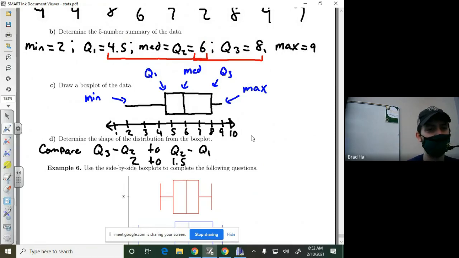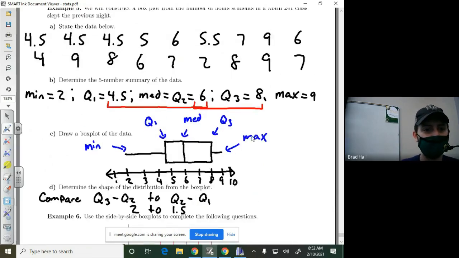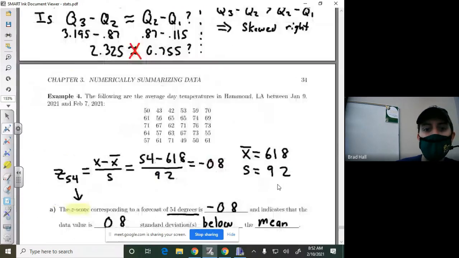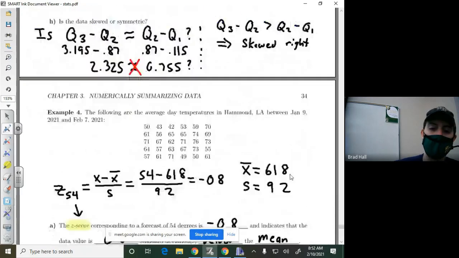Maybe in the sense of values that are so concentrated in such a small range, the answer would be no, and you would say that this is skewed to the right. Q3 minus Q2 is larger than Q2 minus Q1, which implies, let's see what we had before, skew to the right.